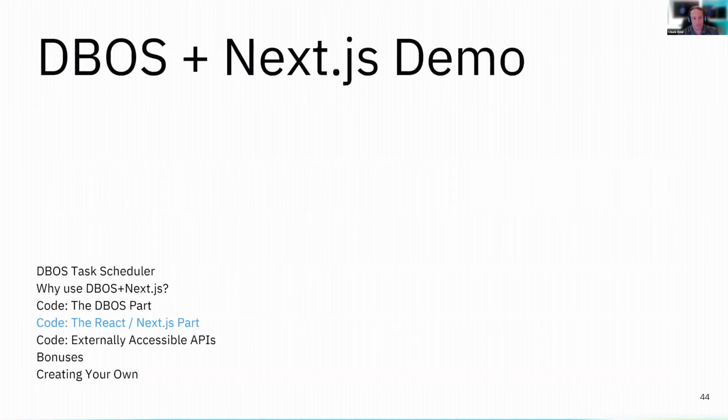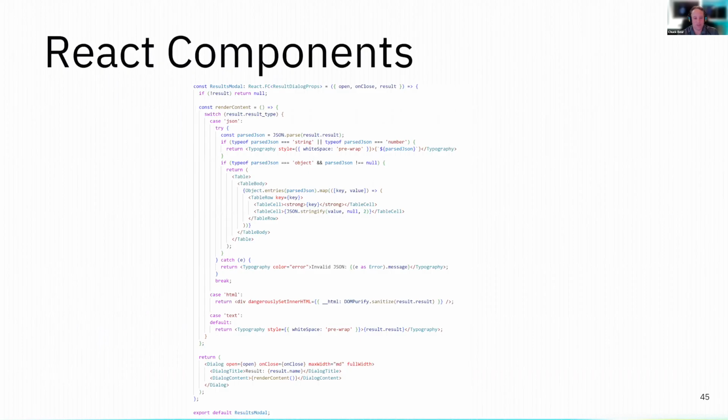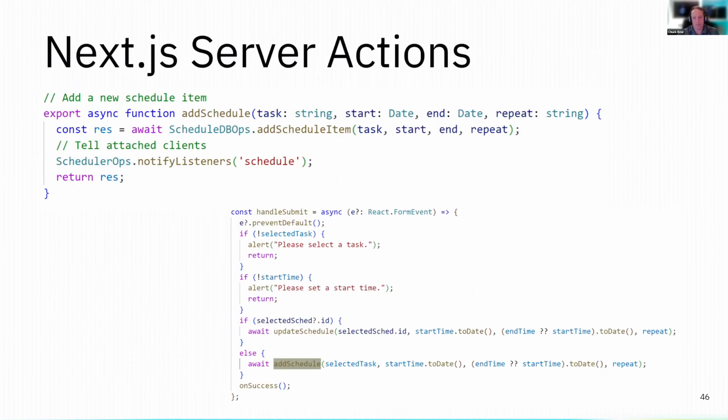So what about the other part, the React Next.js part? This is one of these wonderful things. It's just regular React. I don't know much about it, but if you want to have some for yourself, go ask ChatGPT and you'll have it this afternoon, if not in the same hour. A little more fun though is these Next.js server actions.